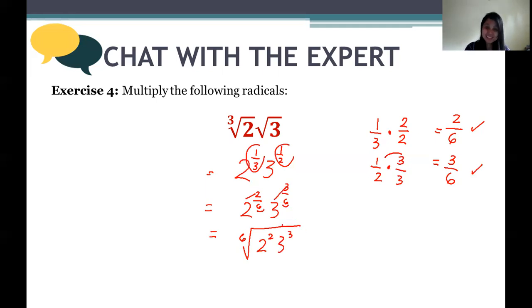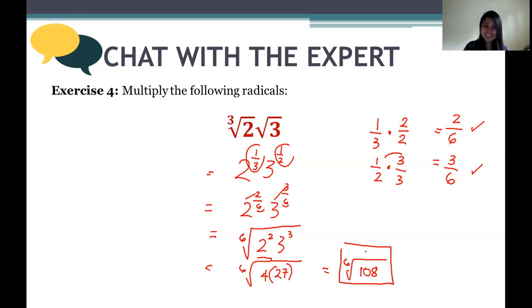The next is, we will simplify the ones inside. 2 squared is 4, 3 cubed is 27. 4 times 27 is 108. So the final answer is the 6th root of 108. That's the answer.